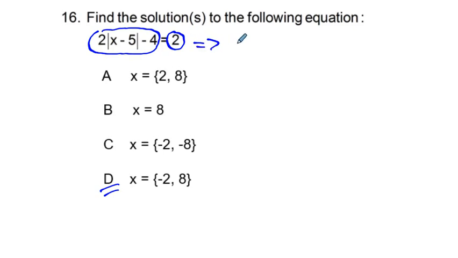And to do that, you would have the equation y equals 2 times the absolute value of quantity x minus 5, minus 4, and separately you'd graph y equals 2. And then you'd see where these intersect. Obviously you're going to have at least one solution here based on the answer choices. So let's go ahead and go to our calculator.